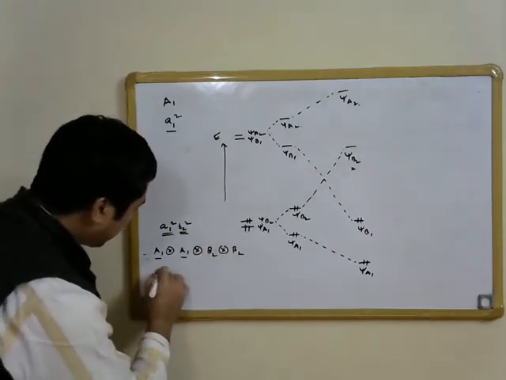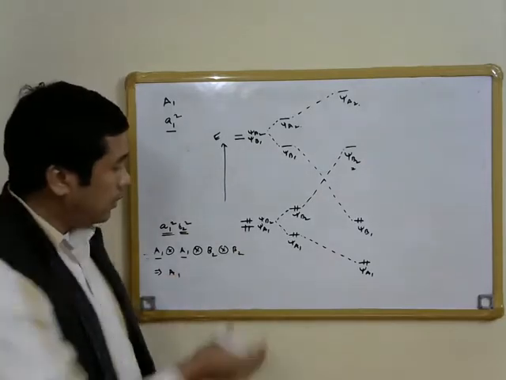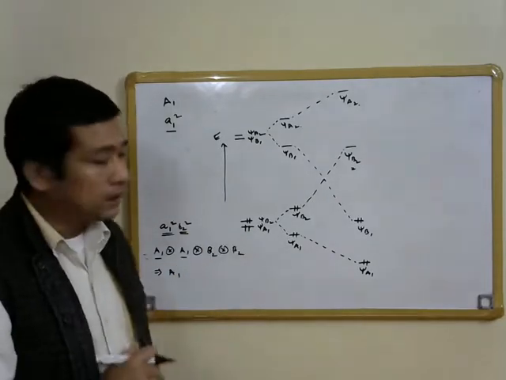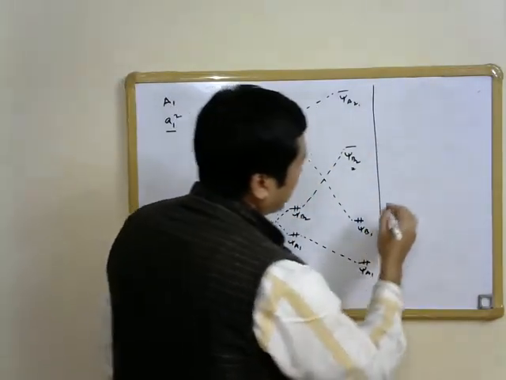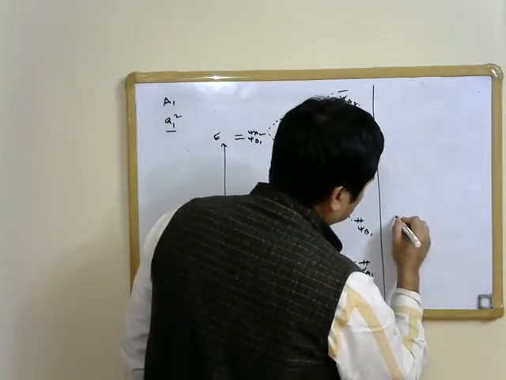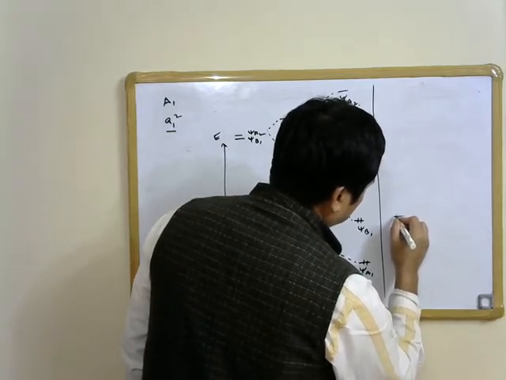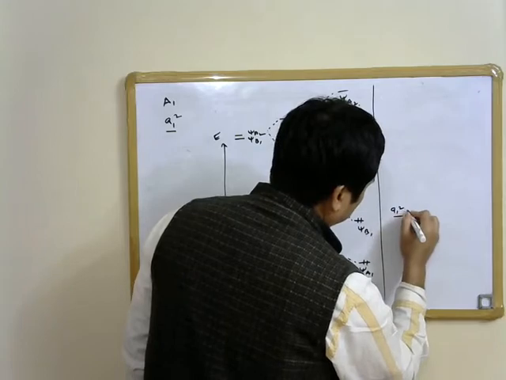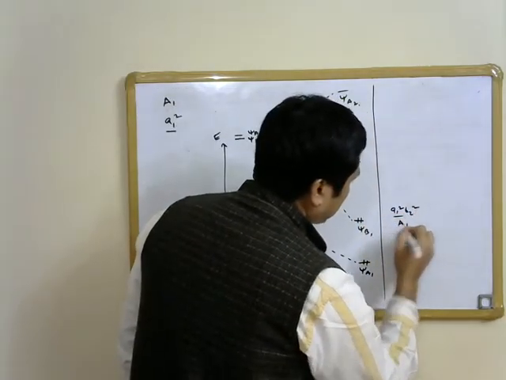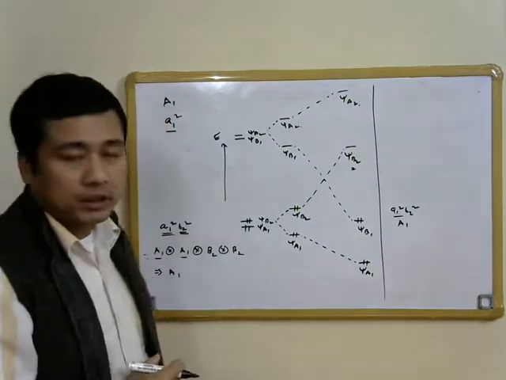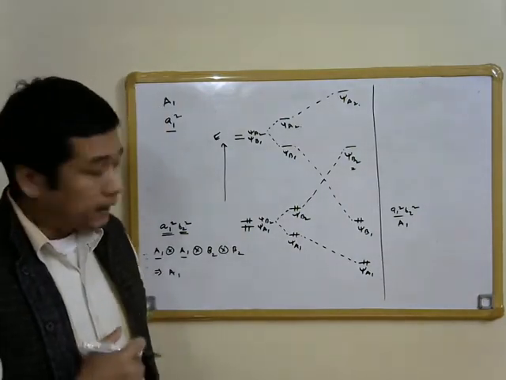So the answer is going to be equal to A1. So the ground electronic state of the reacting system has A1 symmetry. We can again write it over here that the ground electronic state, that is A1 2 B2 2 electronic configuration, has a symmetry of A1 in case of the reacting system.